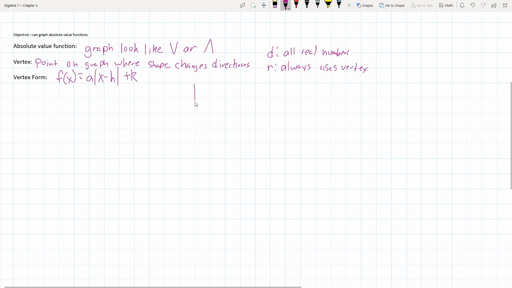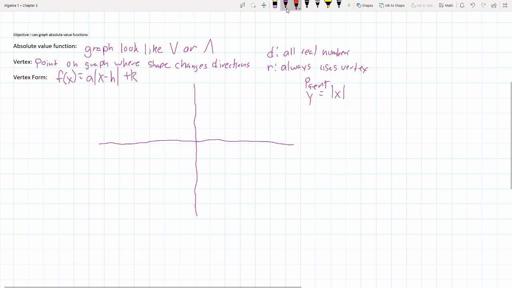Let's look real quick at an absolute value equation, and we're going to look at what's called the parent function. The parent function is your most basic equation that everything else stems from. In this case, it's the absolute value of x.